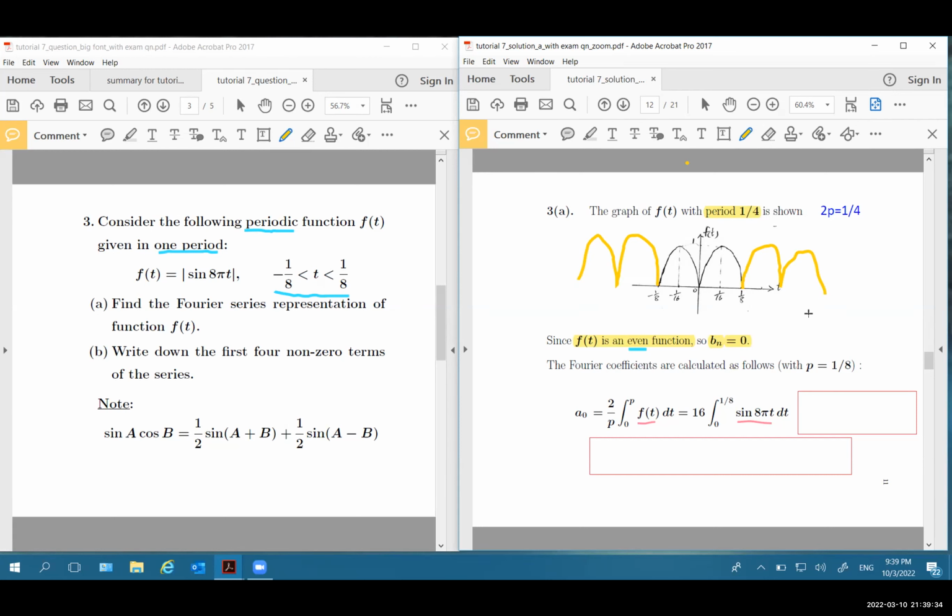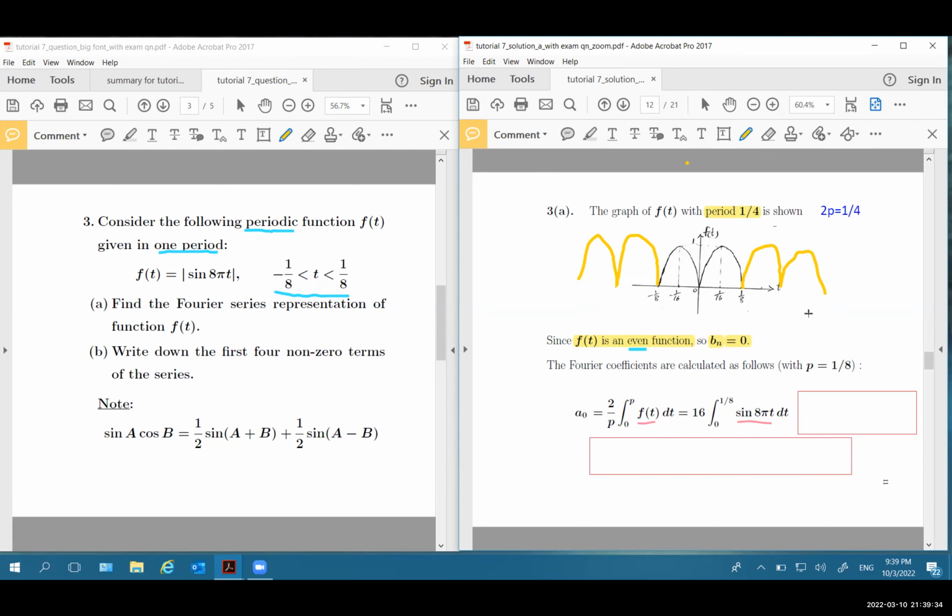No. Actually here don't have. So that means if no points of discontinuity, then of course later on, no need to define anything at the points of discontinuity, because don't have. Okay, so then we just proceed.